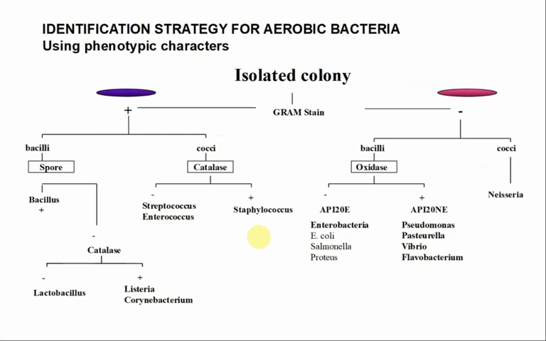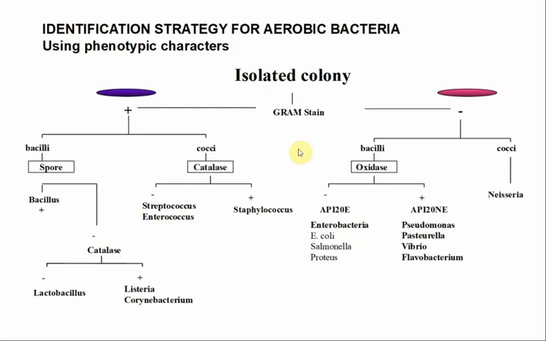So if you've got an isolated colony on a Petri dish, the first thing you want to do is perform a gram stain, and then you'll find out whether you've got gram-positive or gram-negative bacilli and cocci, and then perhaps perform some simple biochemical tests.